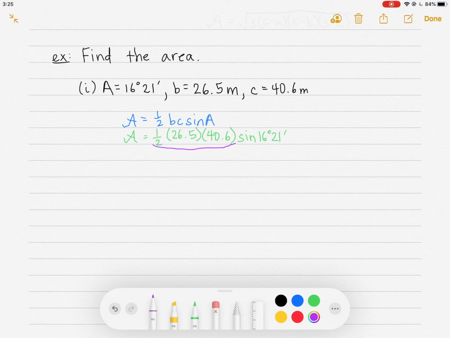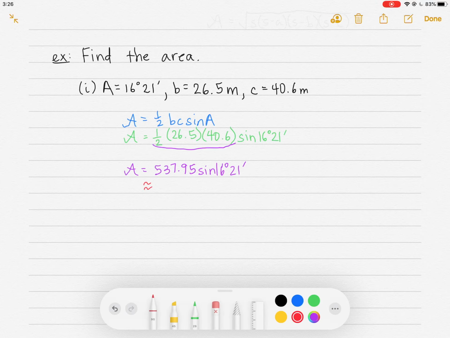So 26.5 times 40.6 times a half, or divided by 2, is the same thing. Right now my area is 537.95 sine of 16 degrees 21 minutes. That's our exact answer. Then we can put it in our calculator to get a decimal approximation.